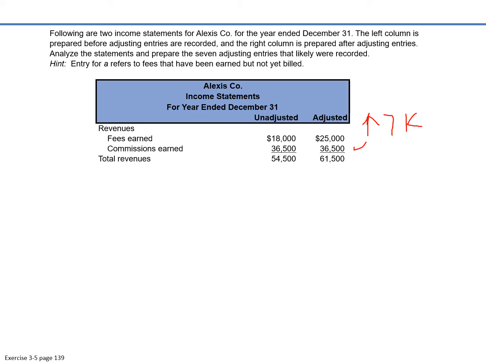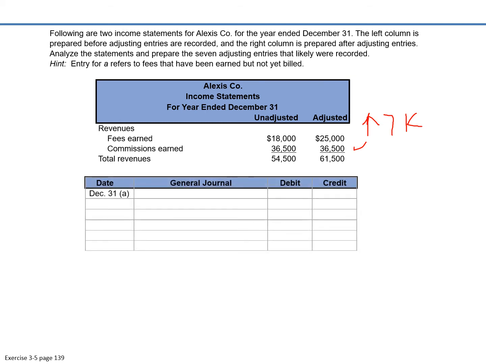They tell us in the hints, I'm assuming this is A, that the entry for A, the first one we're working on, refers to fees that have been earned but not yet billed. What that tells us is there's no accounts receivable on the books before the adjustment was made.